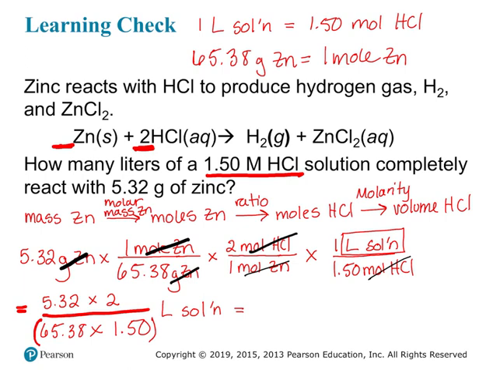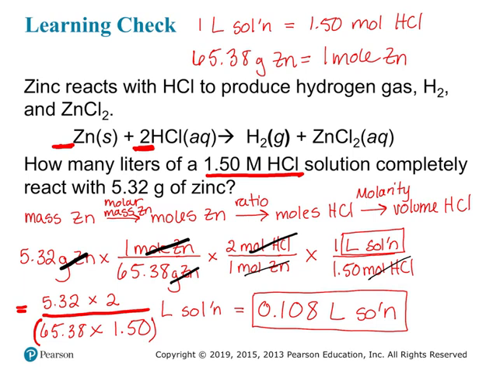Okay, so we're going to multiply those two values, and we get 0.108 liters of solution. All right, so that's how much of our hydrochloric acid solution we need in order to completely react with 5.32 grams of zinc. So maybe we're trying to just completely get rid of that amount of zinc.